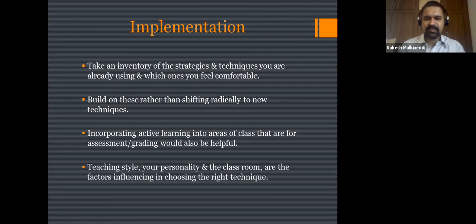Teaching style, your personality, and the classroom are the factors influencing the choice of the right technique. I already mentioned this before. Your teaching style, the way you interact with your class, the way your class interacts with you, the way the students are: these are the main factors you need to think of when choosing a technique.